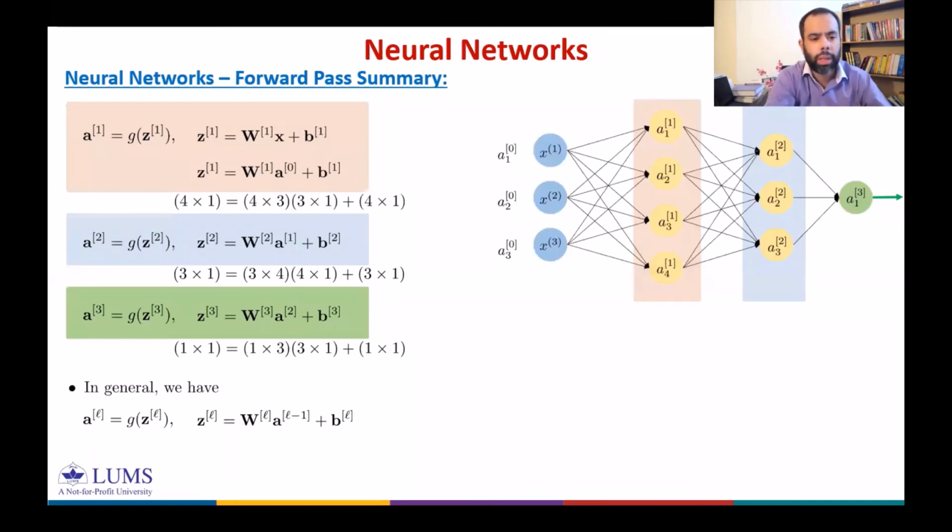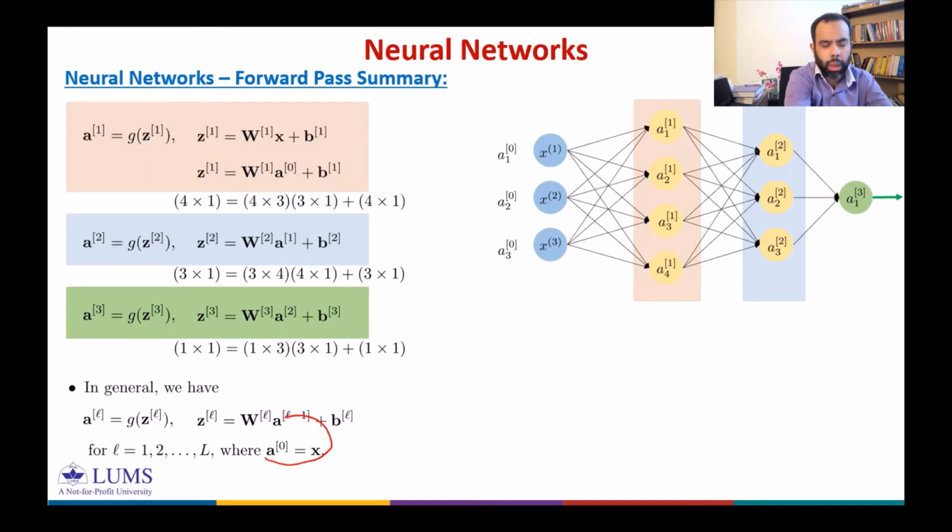And we have such equations for each of the layers, for L equal to 1, 2, up to capital L, the total number of layers we have. And we know that A0, the output of the 0th layer, is your input. A0 is X.